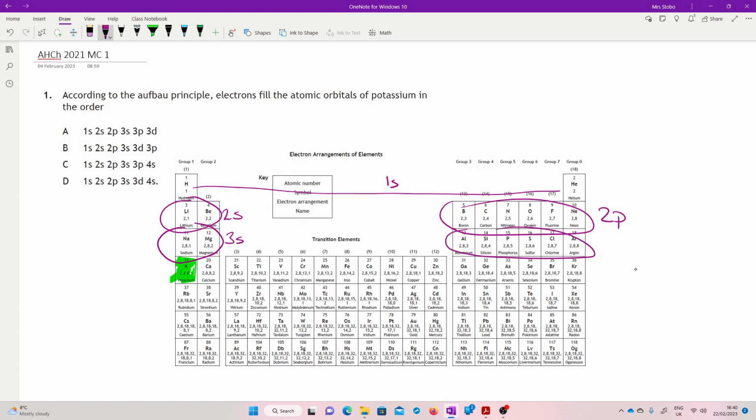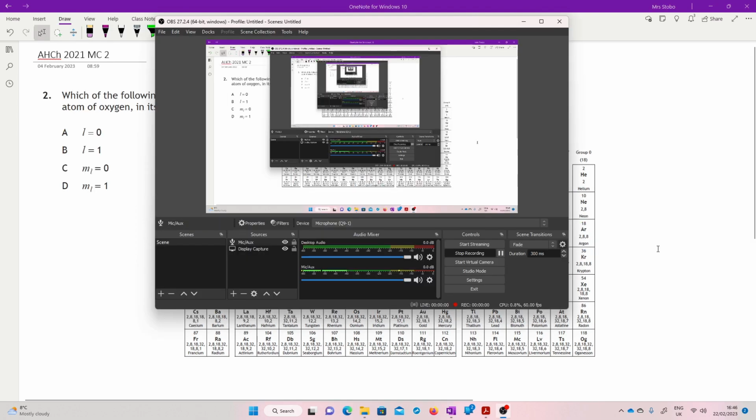Okay, and 3p, and so this is 4s. If you wanted to write a full proper thing, it's 1s2, 2s2, 2p6, 3s2, 3p6, and 4s1. So the correct answer here is C.